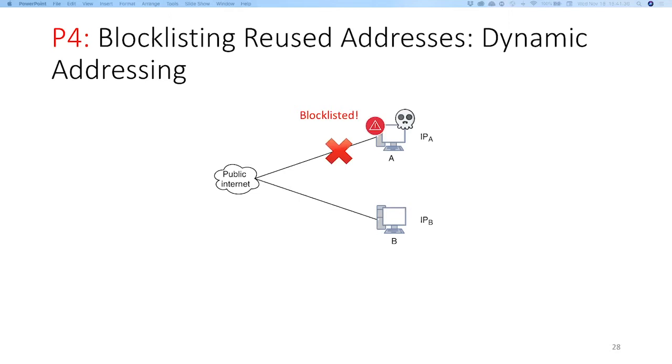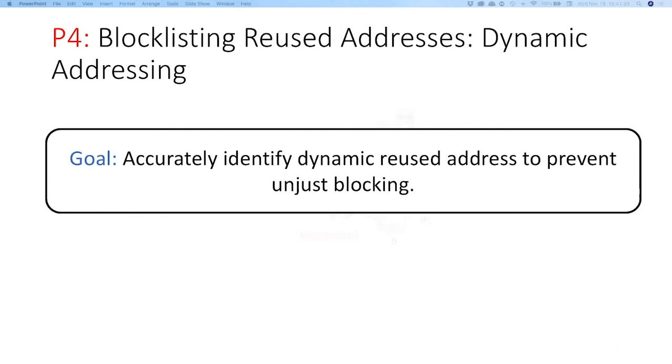Let's assume that these two users' IP addresses get interchanged. That is, user B gets the IP address IPA. Now, if IPA is present in any of the blocklists, user B is going to get blocked instead of user A. So here, what is happening is that more users are being blocked because of an IP address. So we need to accurately identify dynamically reused addresses in blocklists, again, to prevent unjust blocking of users.